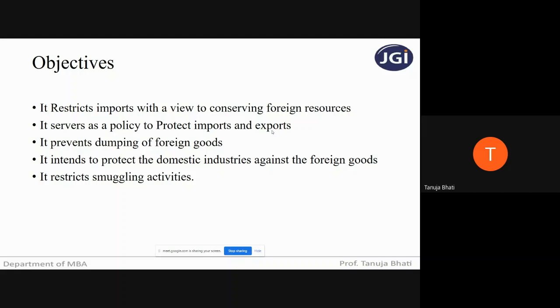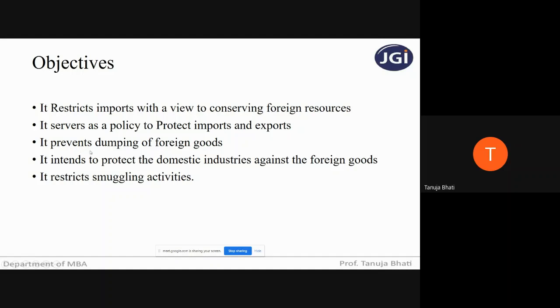If there is no law, no policy, no procedures, people will start importing a lot of goods and exporting goods which are harmful. That is why there was a need to bring an act or law which will act as a policy to protect imports and exports in a smooth manner. That is why the Customs Act came into the picture.